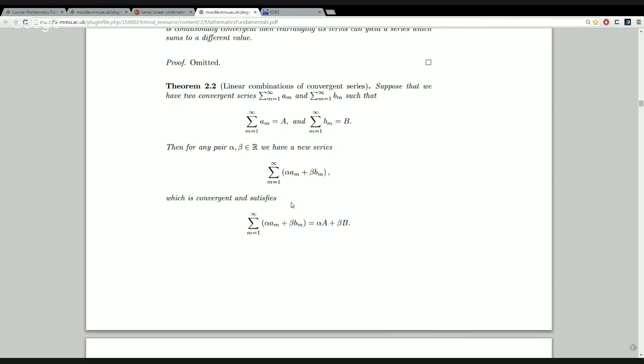So the leading question into this is: is there a similar result for series, like theorem 1.4, the algebra of limits for sequences?